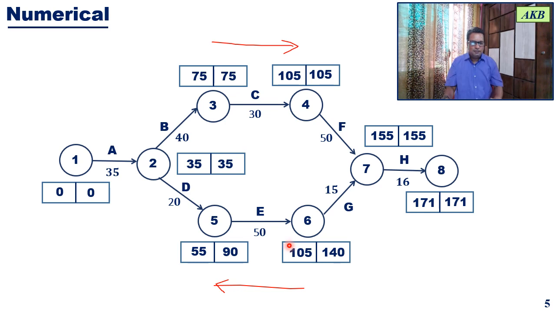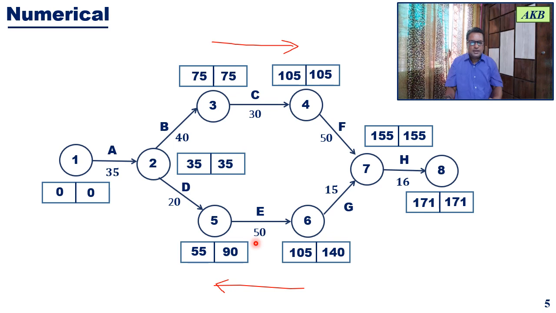Okay. Then from event 6 or 4, if you consider event 4 and go back to event 3, the latest event time for event 3 will be the latest event time for event 4, that is 105, minus 30. And when you go back from event 6 to event 5, the latest event time for event 5 will be the latest event time for event 6, that is 140, minus 50.